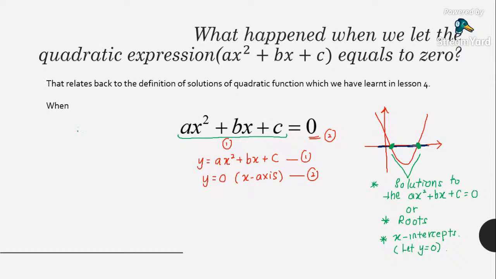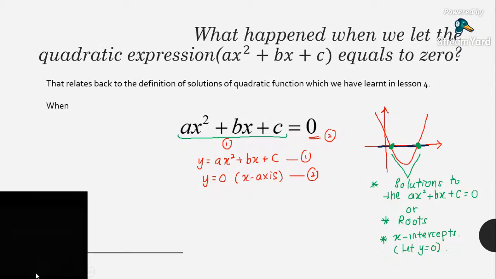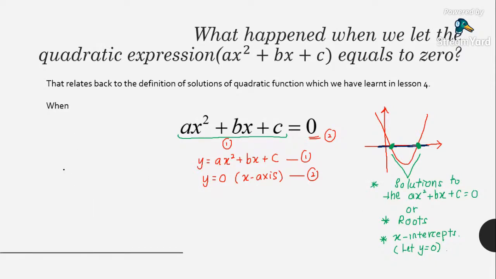It's the same thing if you have a negative quadratic. Your graph will look like this. You can see there are two intersections between the x-axis and the graph, which are also known as the solutions or the roots.